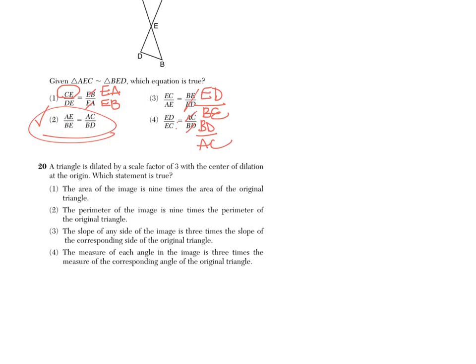So anything that's dilated with regard to angles, angle measures are preserved, so this does not work at all. The slope of any side of the image is 3 times the slope of the corresponding side of the original triangle. We have not talked about or done anything with regard to that, so that doesn't apply. The perimeter of the image is 9 times the perimeter of the original triangle.